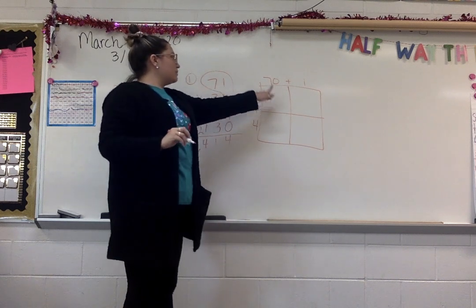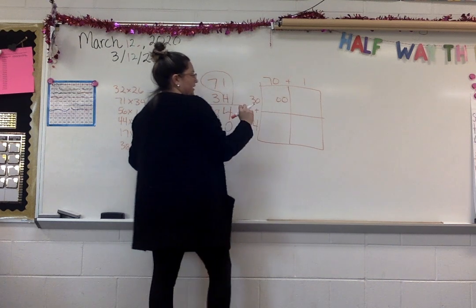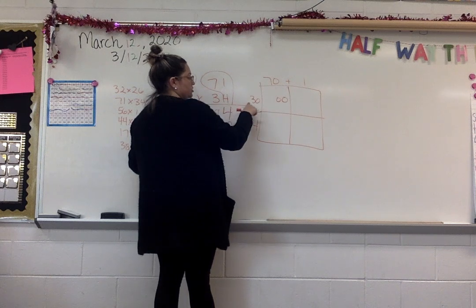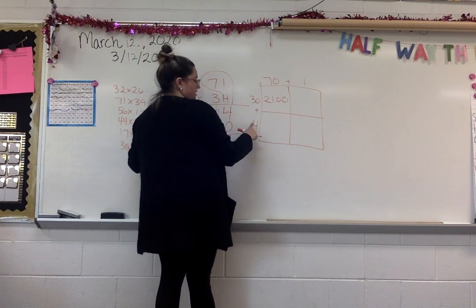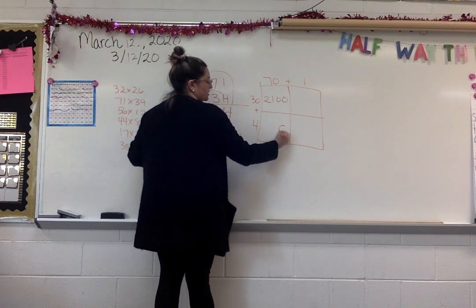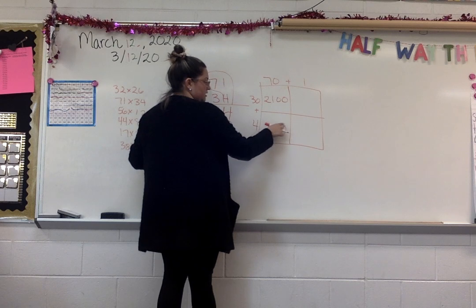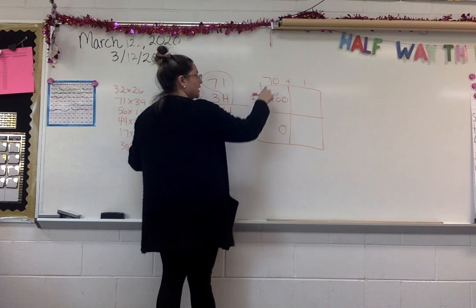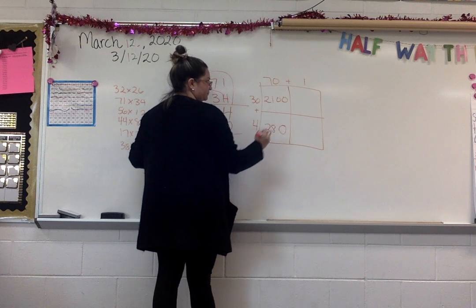All right, so in my first box, 70 times 30, I see my 2 zeros. And then I can figure out easily that 7 times 3 is 21. Now I have to do 70 times 40, and I only have 1 zero this time, so I'll carry that down. Let me make it nicer for you so you don't think it's a 6. And now I just have to do 4 times 7 to give me 28.